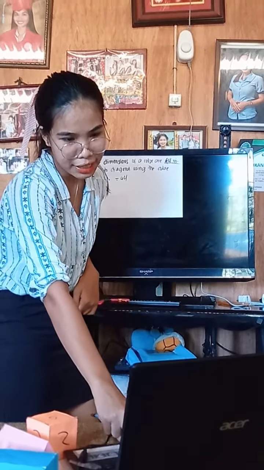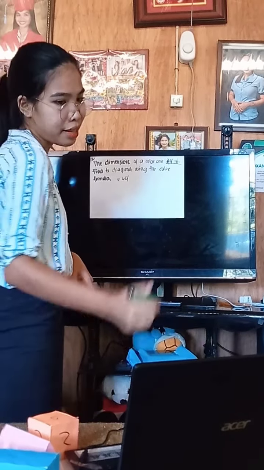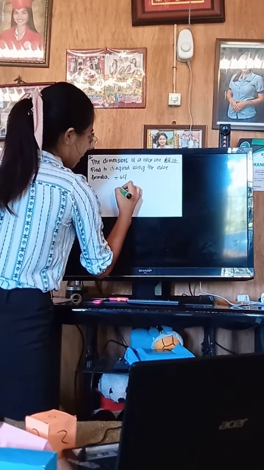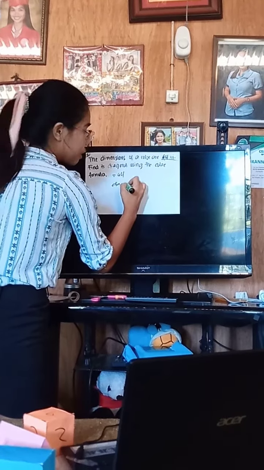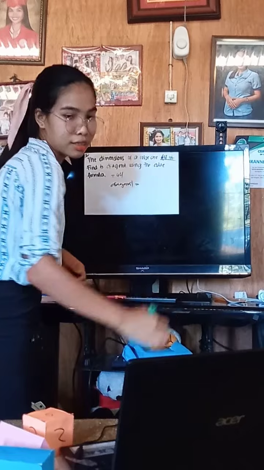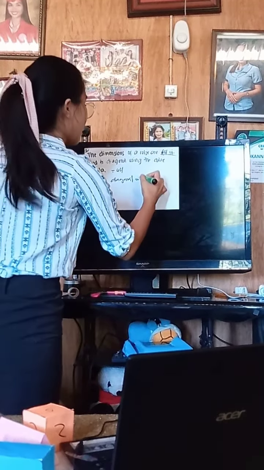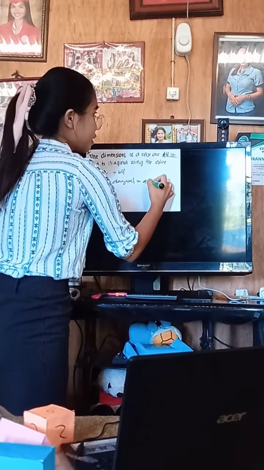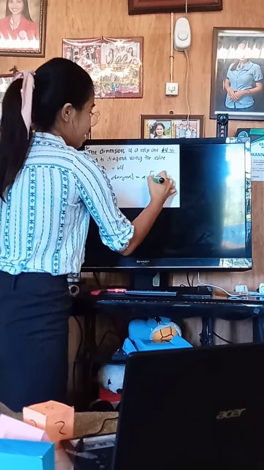So using the cube formula, the diagonal is equal to the side times the square root of 3.